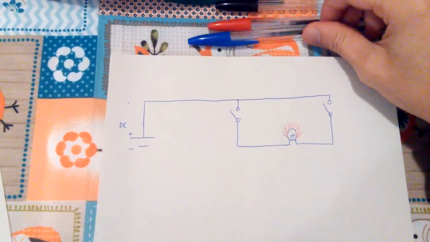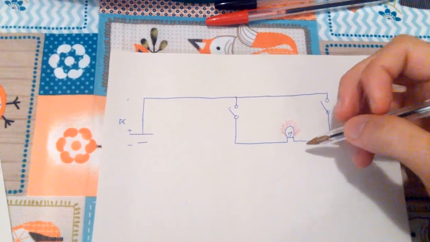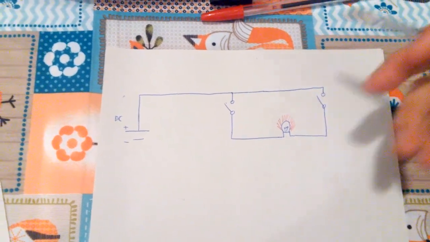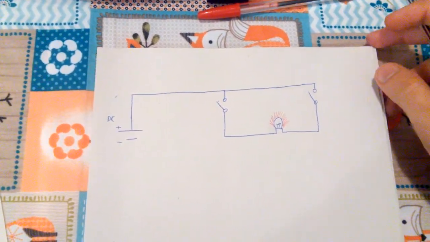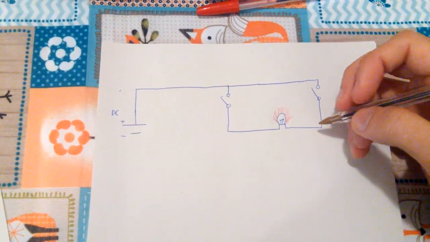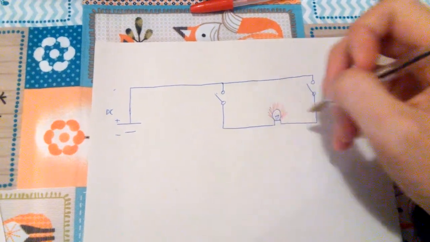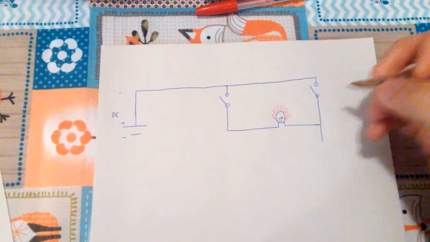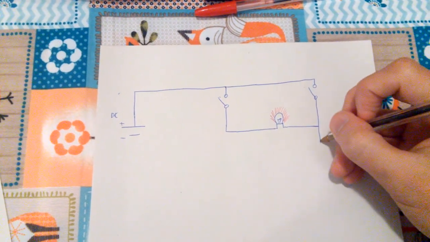But for this example, let's suppose that this one is just some kind of resistance that actually wants AC, and like a light bulb can work both in AC and DC, so AC is gonna be fine.